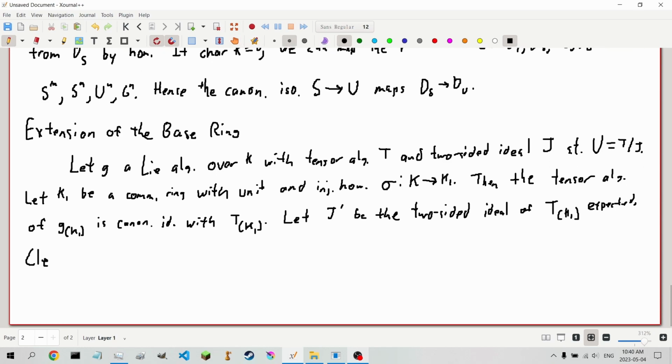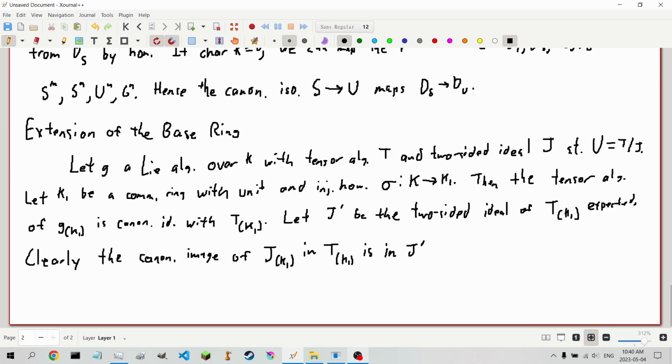And it's pretty clear that the canonical image of J, the extension of J in the extension of T, is contained in this ideal J prime.